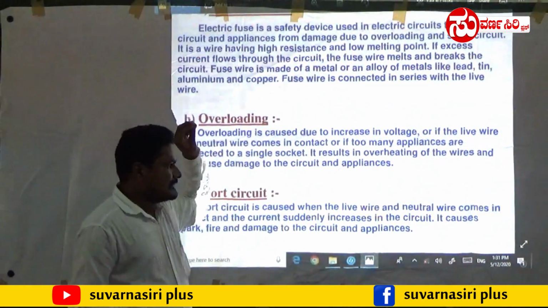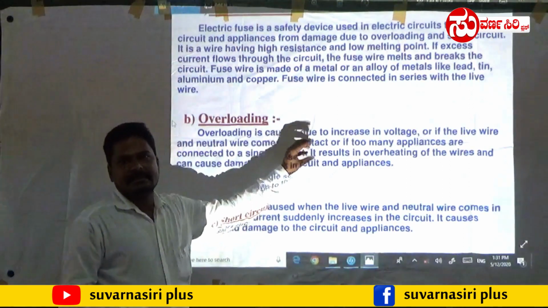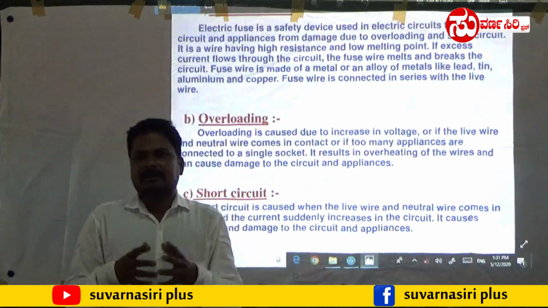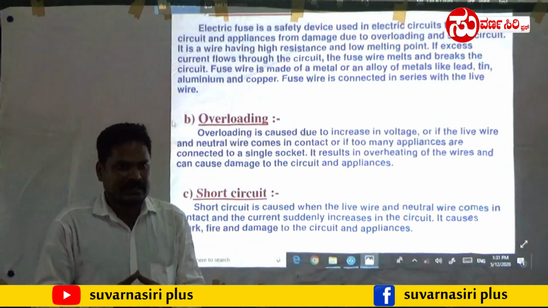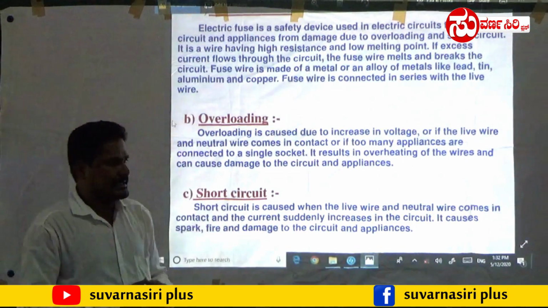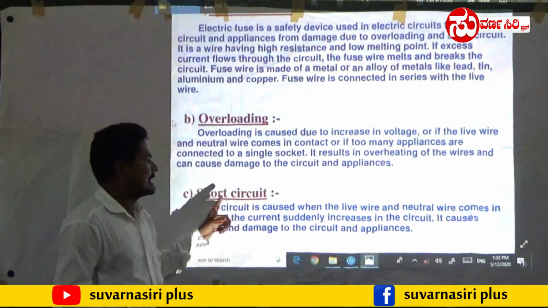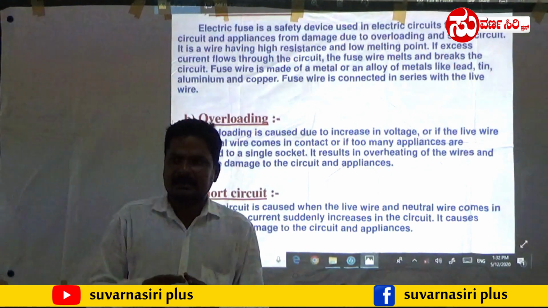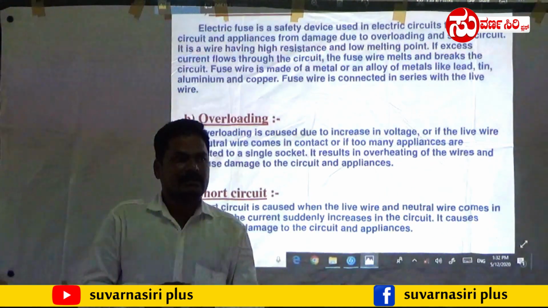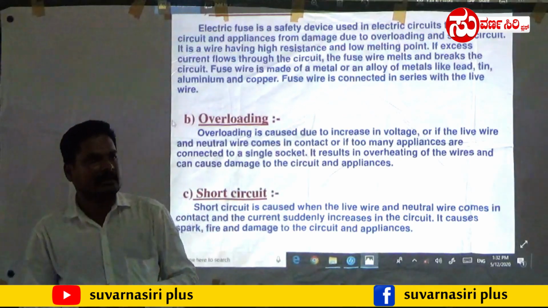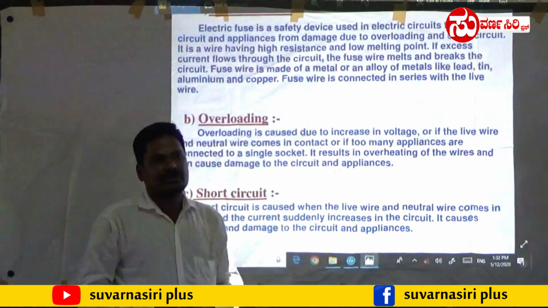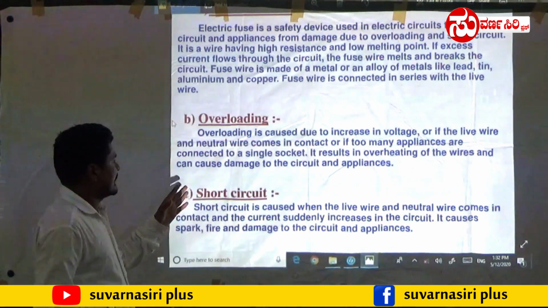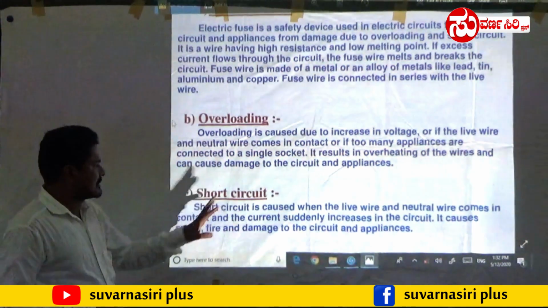All the appliances are connected in a single socket. At that time it requires more electric current and more voltage, so an excess amount of current passes, and this can cause overloading. How do we prevent this? We should see that the live wire and neutral wire do not come in contact, and we should not connect too many appliances in a single socket.